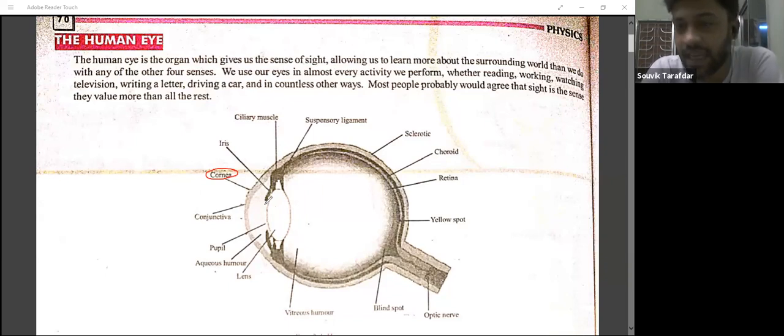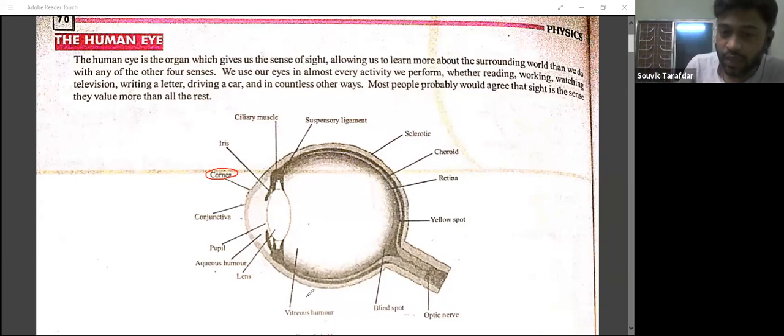Eye donation doesn't mean donating the whole eye. Eye donation means cornea donation. We only donate the cornea, just the upper part. You peel off the cornea. That is the meaning of eye donation. They don't take the entire eye, only the cornea.